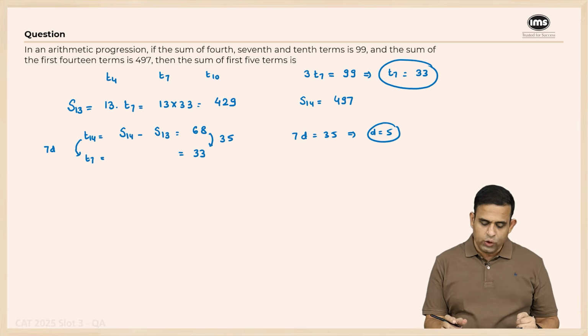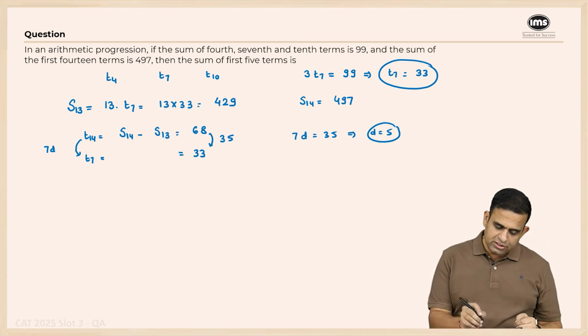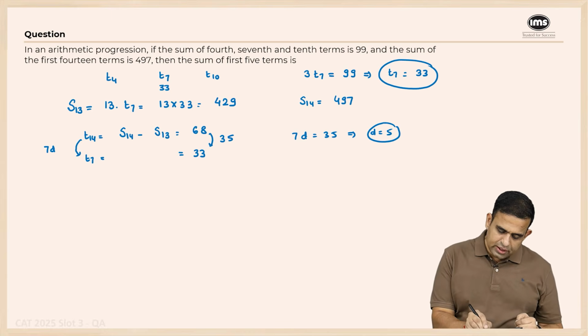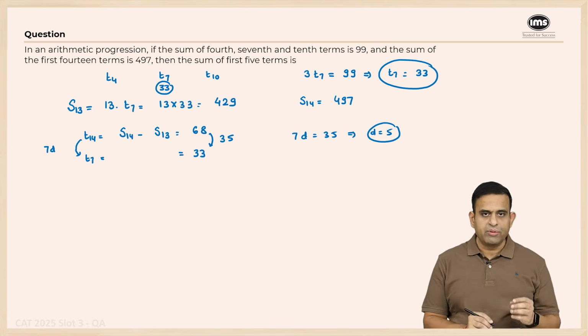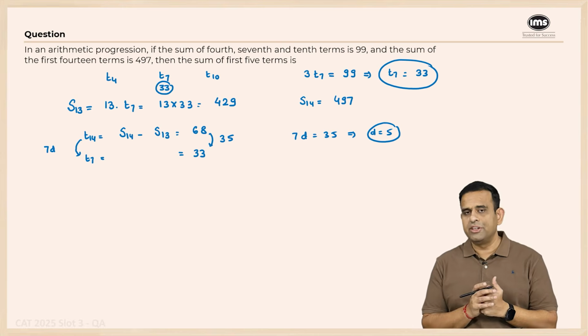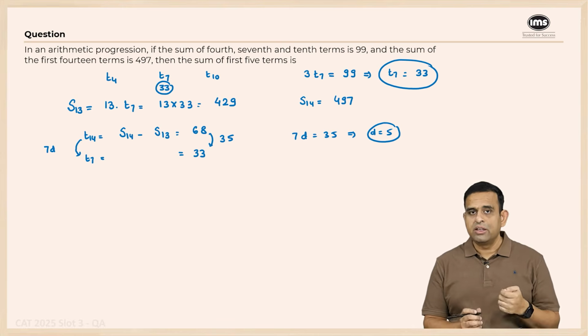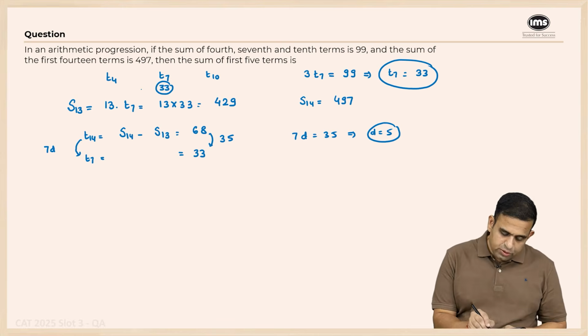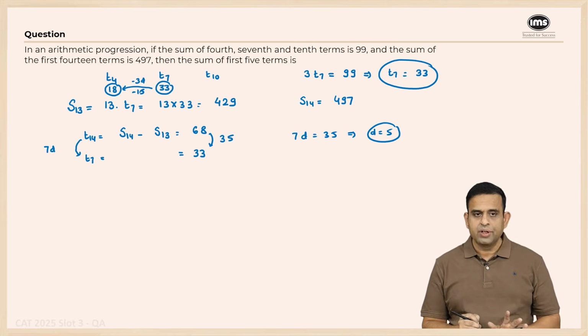Now once I got D equal to 5 and this term is known to me as 33, the 4th term can be easily found because the gap between the 4th term and the 7th term has to be a gap of 3D. 3D will be equal to 15. So this term would basically be 15 less, giving you 18.